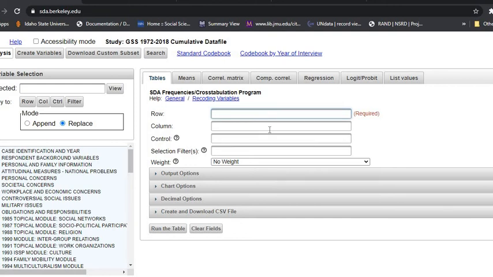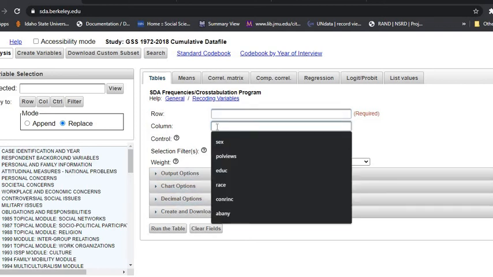So I'm giving you several ideas, but if that's not what you're interested in, then I would suggest you wander through and explore some of those folders and see if you can find questions that you're interested in. But you need to find two. And again, what I would recommend is some sort of demographic variable to go in the column.